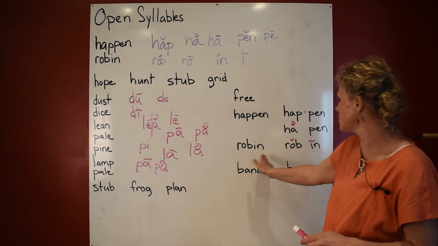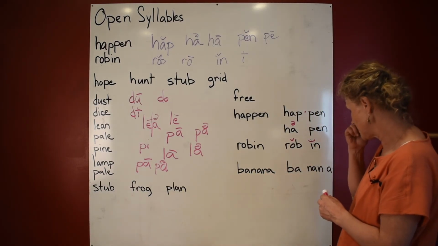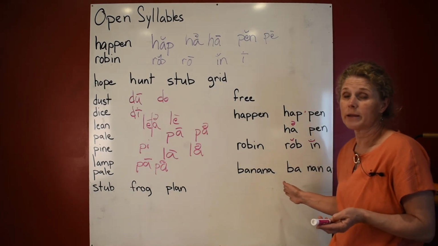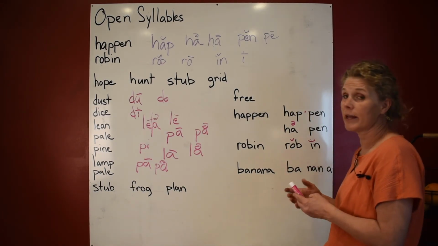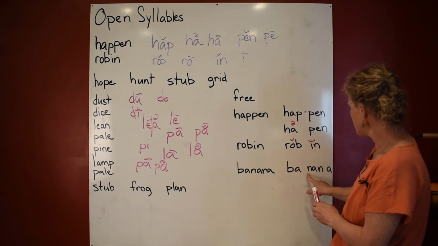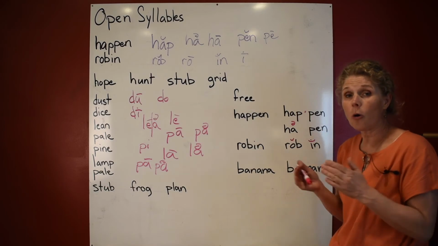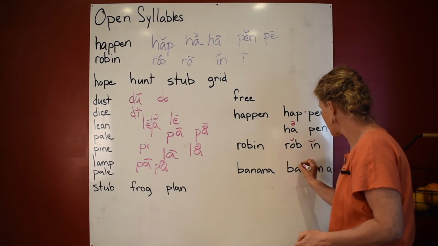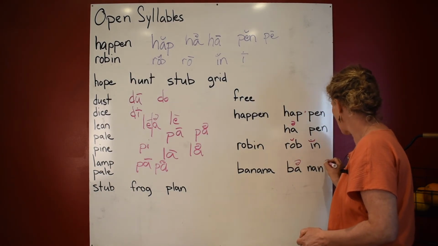Now let's go down to this last word, banana. I think this is a fantastic example of when you have schwa and not schwa. So look, we have open, closed, open. Now, open A's in the unaccented syllable say the schwa sound. See, these are both unaccented.